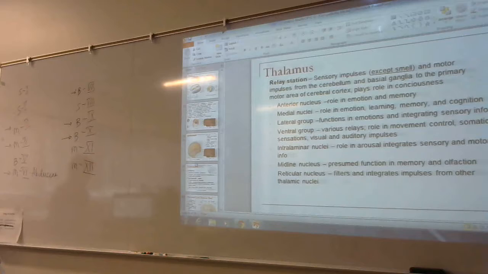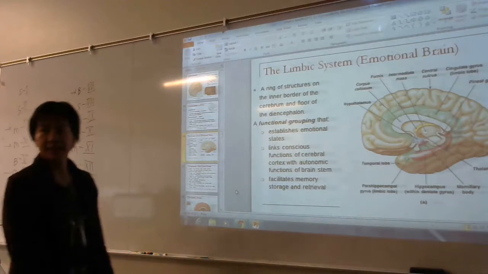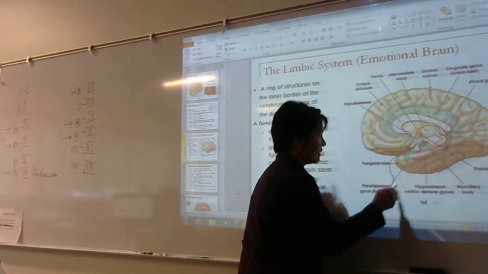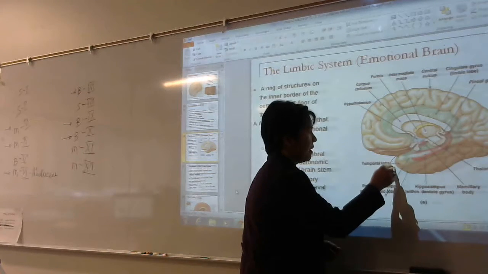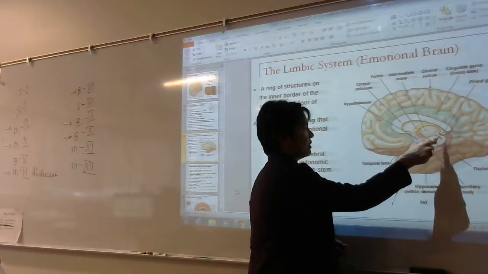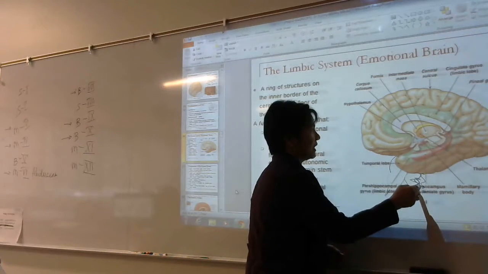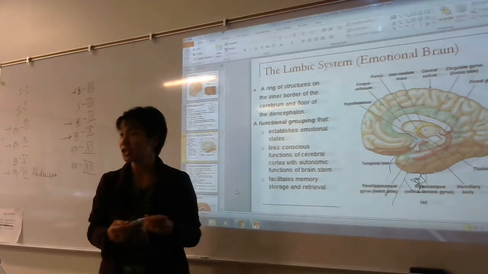So the next one, I want you, the limbic lobe. See, we went up. So there was the medulla, the pons, there was the midbrain up here, then you have the thalamus, the diencephalon, the cerebellum was here. Now there is this lobe. You see, it says a functional lobe.